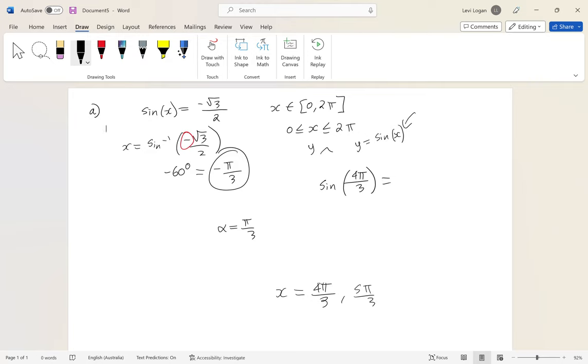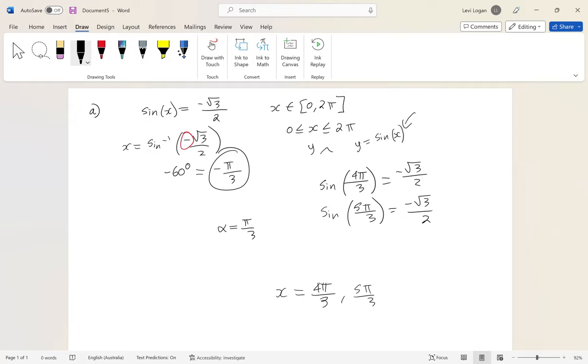Radians, sine 4 pi over 3 equals negative root 3 over 2. And sine of 5 pi over 3, putting that into our calculator, negative root 3 over 2. Alright, so that's our first equation solved.